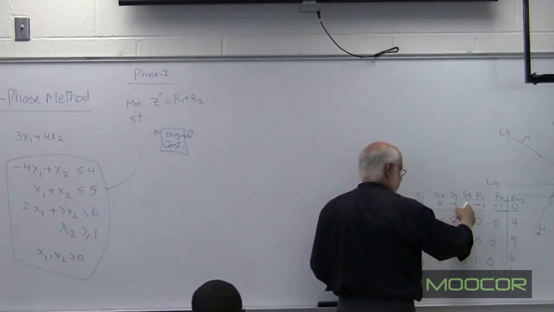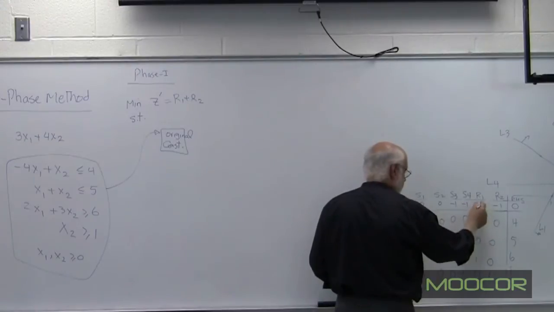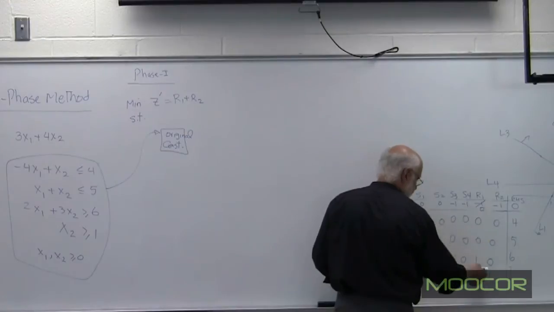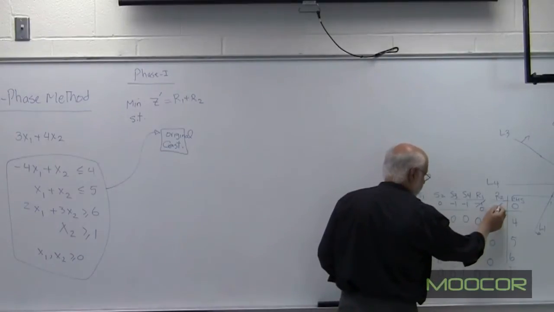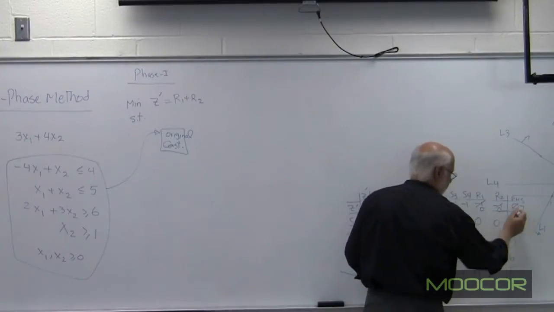Minus 1 and 0, that will become minus 1. 1, this becomes 0. And minus 1 becomes 0. And this becomes 7.